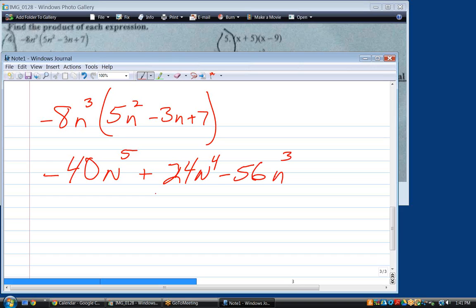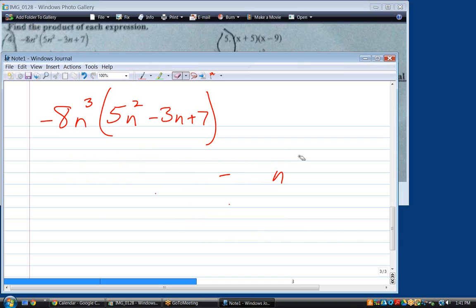Yeah, you do. In other words, this is the same problem as 7 times 8n to the 3rd. You really just need to multiply the numbers. Minus 56, and you bring forth the n to the 3rd. All right. So multiplying these things is relatively easy. What it's called is distributing this to each term.